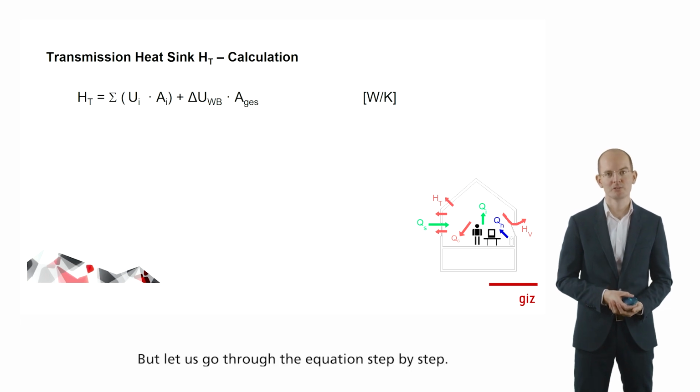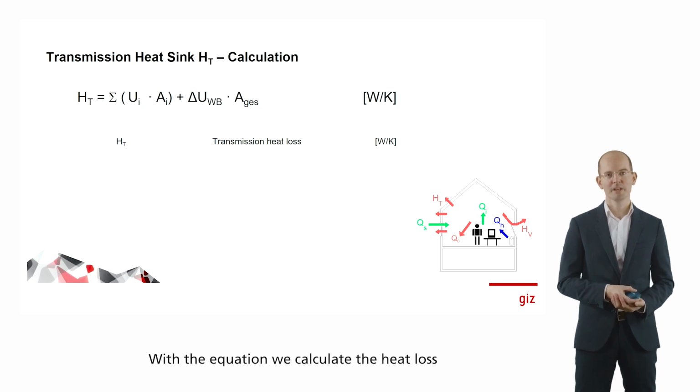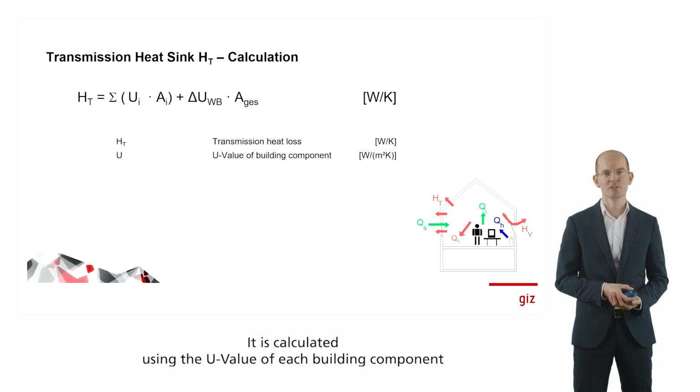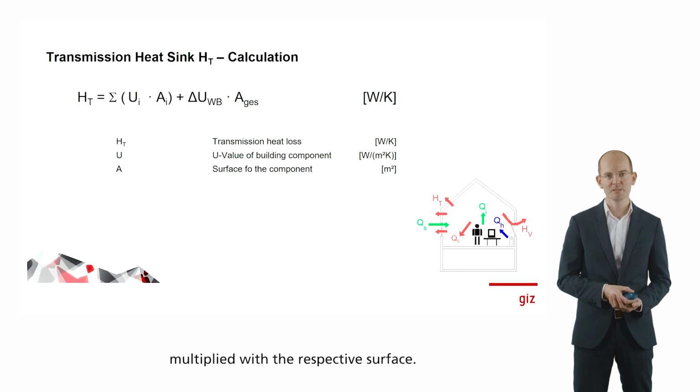But let us go through the equation step by step. With the equation, we calculate the heat loss in watt per Kelvin, temperature differences. It is calculated using the U value of each building component, multiplied with the respective surface.